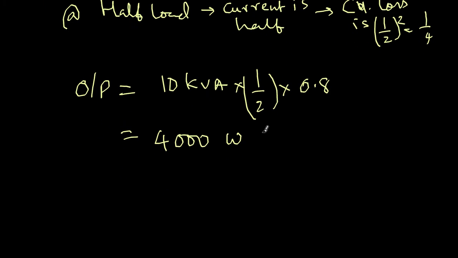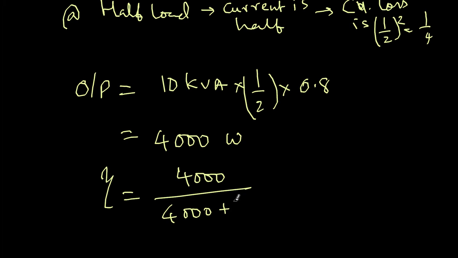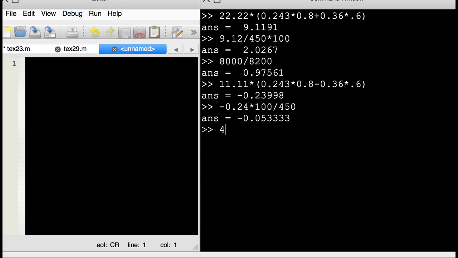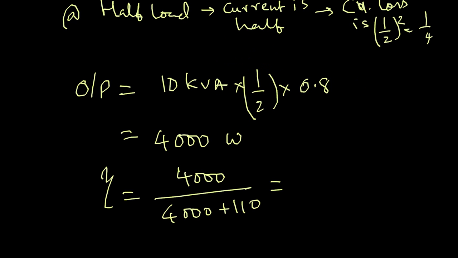So I know the losses and the output. Therefore efficiency is 4000 divided by 4000 plus 110, so 4000 divided by 4110. That is 97.32%, so the efficiency is slightly reduced. 97.32% is the efficiency.